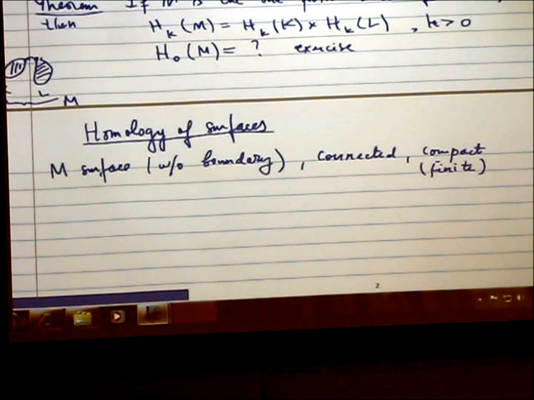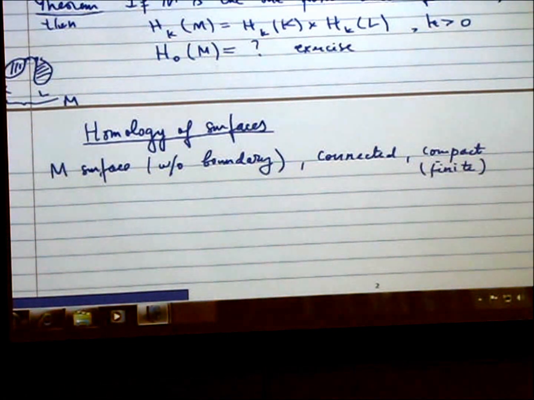So we are talking about cell complexes, with finitely many cells in that finite cell complex. Connected means that, well, we know now what connected means. It means that H0 is equal to R.